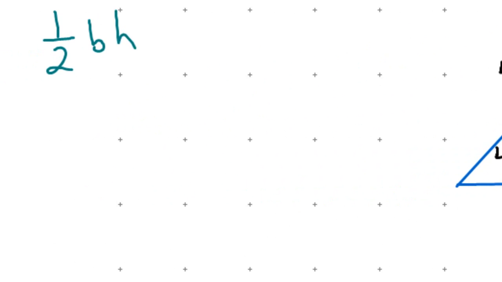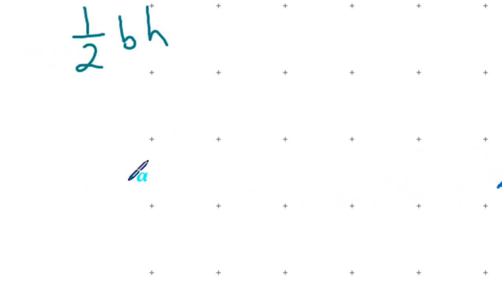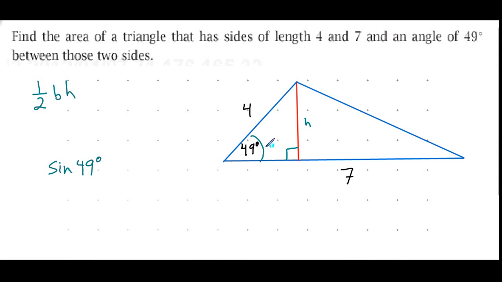We know from our previous section that, when given an angle, we can find the other side using the sine function. So sine of 49 degrees, sine of theta, is equivalent to opposite over hypotenuse. In this case, the opposite is the height of the big triangle, and the hypotenuse is 4. Using simplification, I can come up with 4 sine of 49 degrees as my h value.